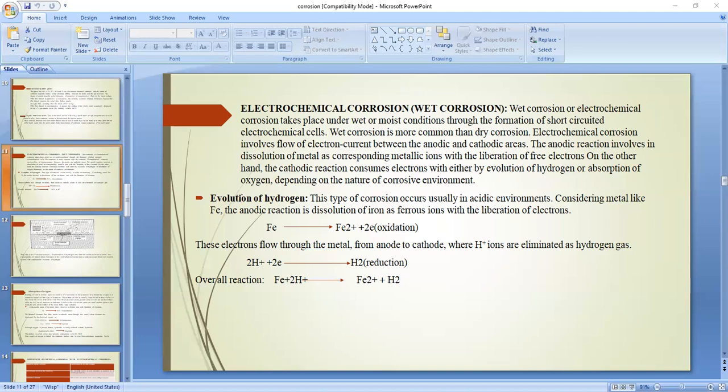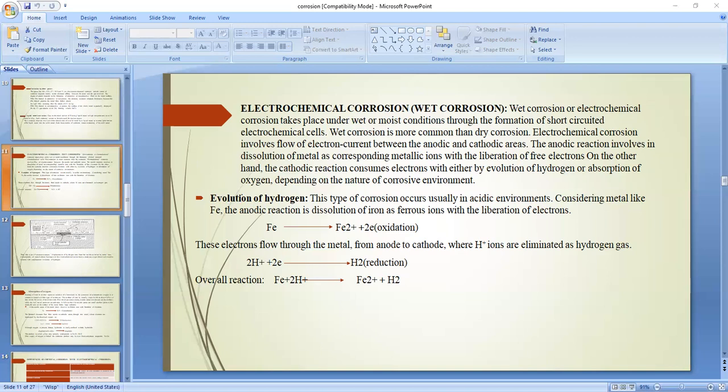The liberated electrons react with the H+ ions of the HCl solution, thereby forming H2 gas. In this way, hydrogen gas is liberated when a metal is in contact with the acidic medium. The rate of corrosion is faster in acidic medium than in basic and neutral medium.